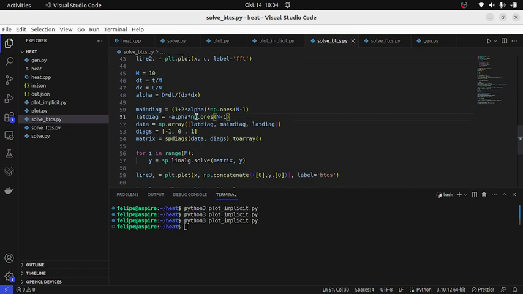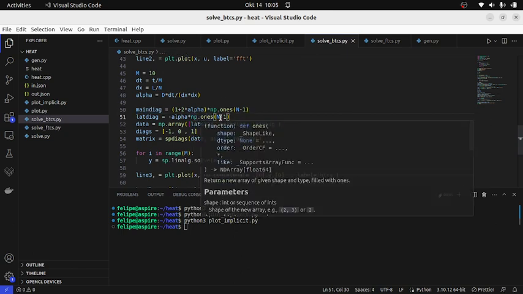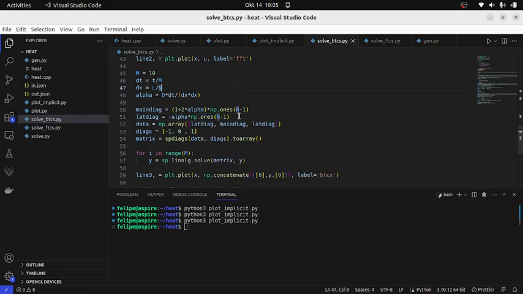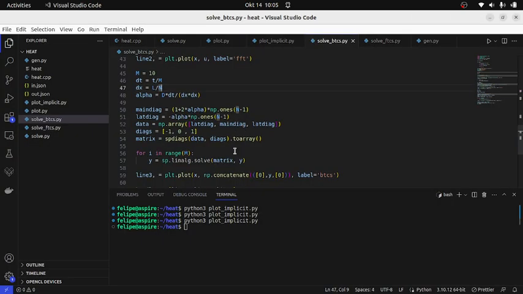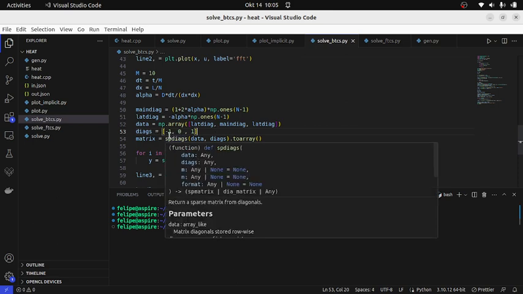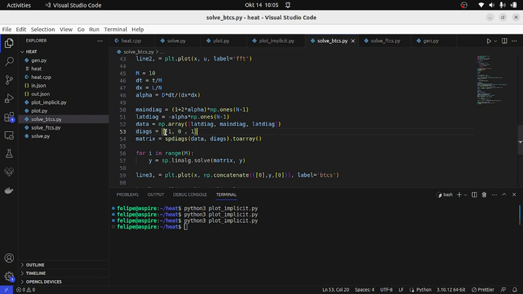For some reason, SciPy will not accept if I put n minus 2 here, which is the correct one. You see, it's actually n minus 2, but NumPy doesn't like it if I put n minus 2. And then this is just to tell SciPy that our diagonals are minus 1, 0, and 1. So this is the diagonal below, this is the main diagonal, and this is the diagonal after the main diagonal.